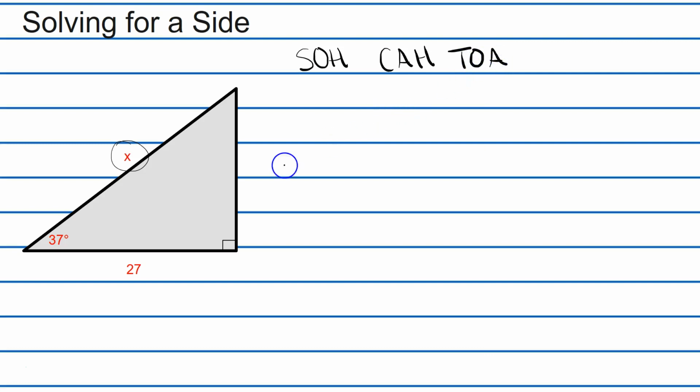Let's identify what we have. Remember, we're referencing this angle here. Instead of alpha and beta, this time they tell us it's the degree of 37. So x, we know, is the hypotenuse. Then we have 27, which has to be the adjacent.